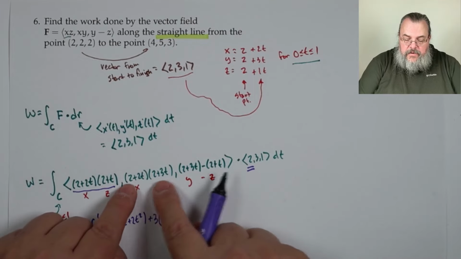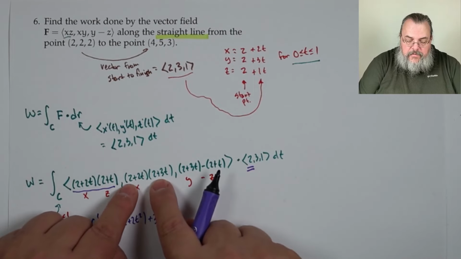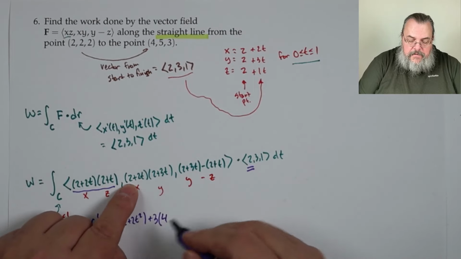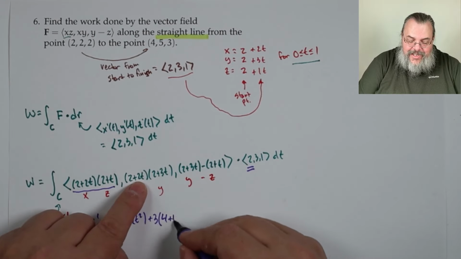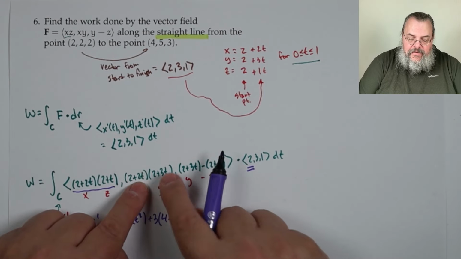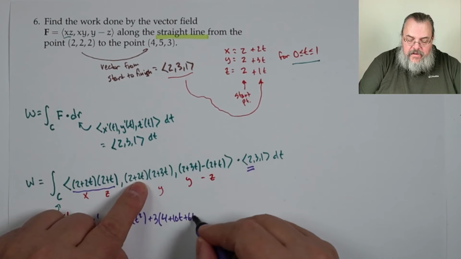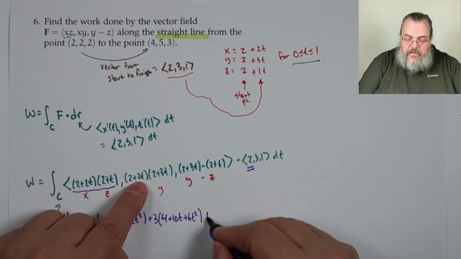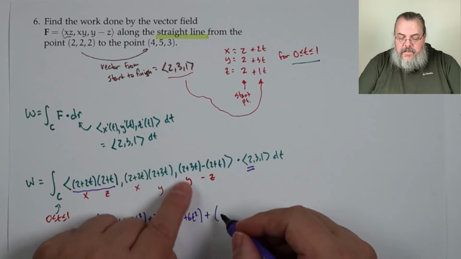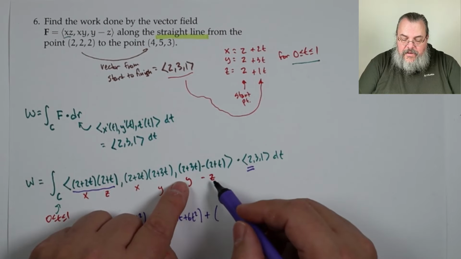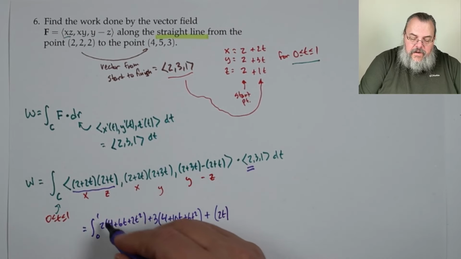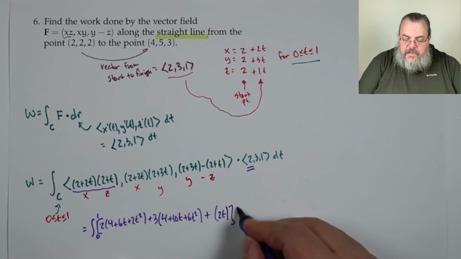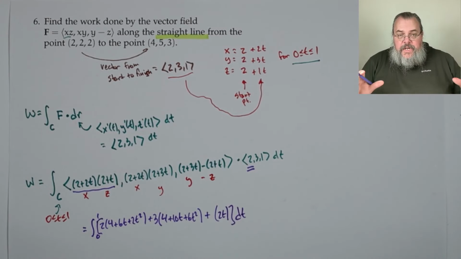Now we're going to do 3 times this part. Well, that's 4. And then we have 6t plus 4t. That's 10t plus 6t squared. Good. Plus 1. And then here, well, the 2's cancel. And 3t minus t is 2t. All right, so we're just putting everything in terms of t.